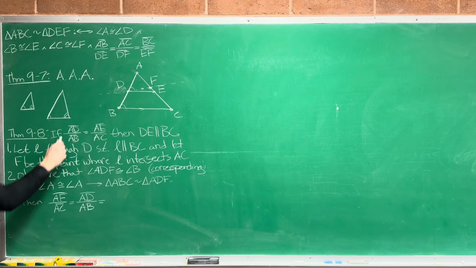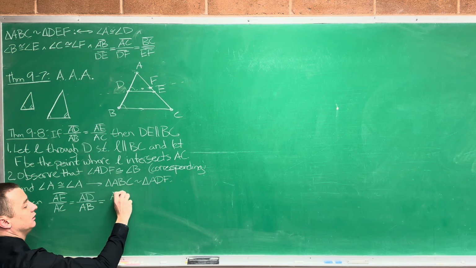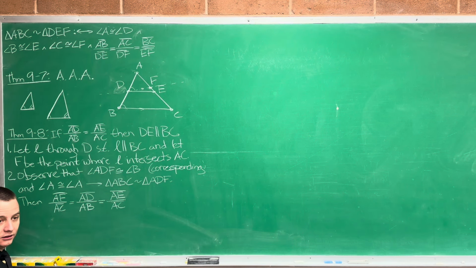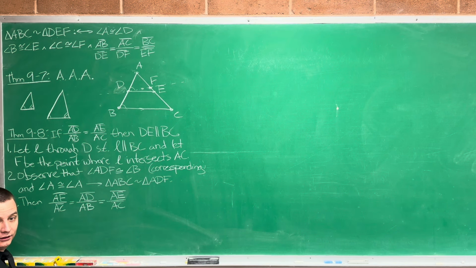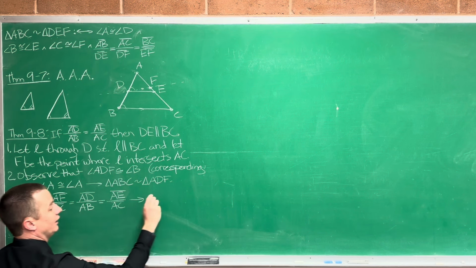Given in my information, AD over AB is equal to AE over AC. You see that? So if this is equal to that is equal to that, then this is equal to that.